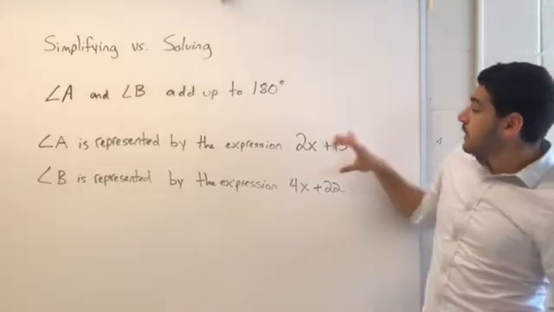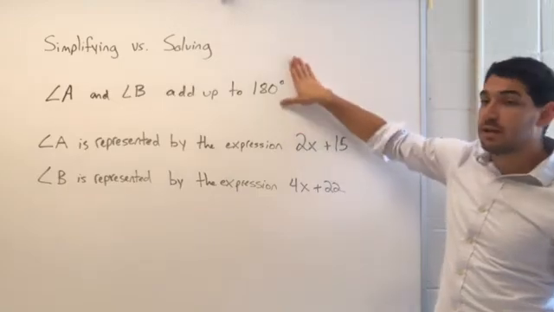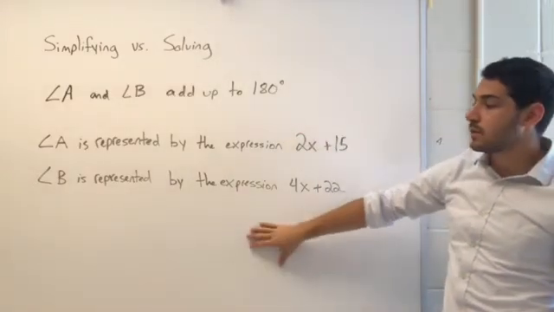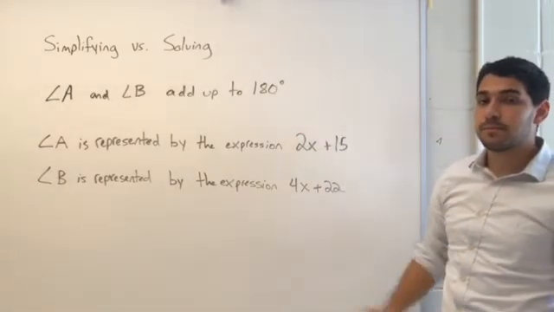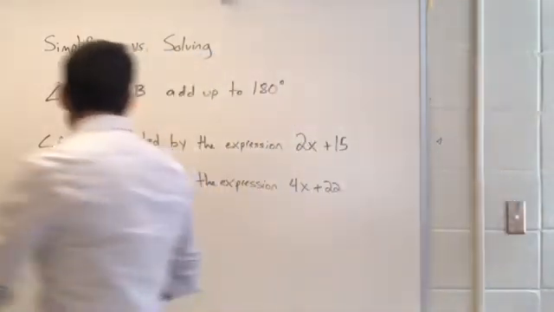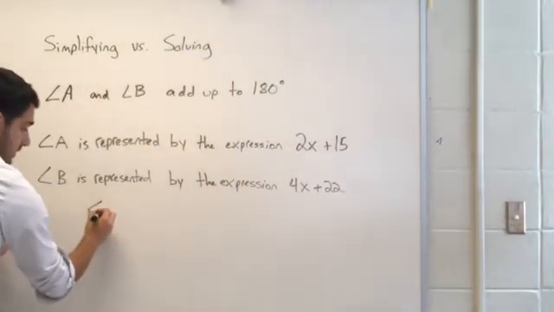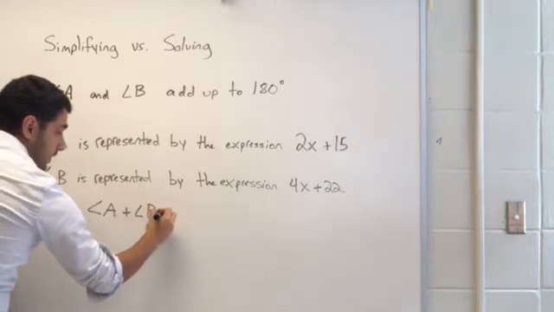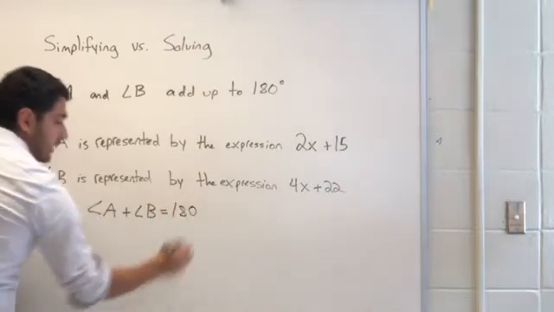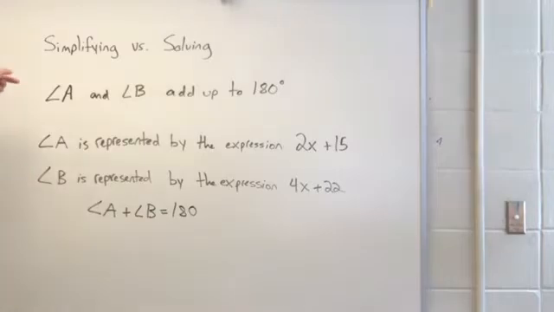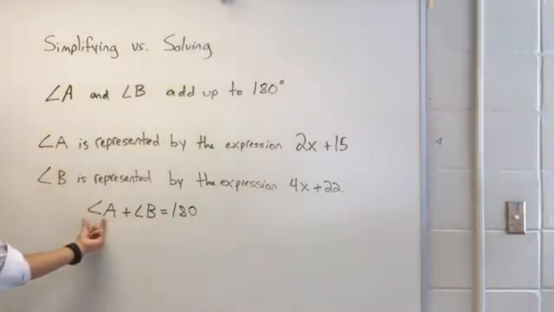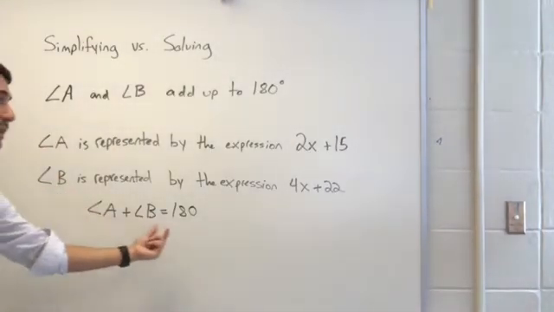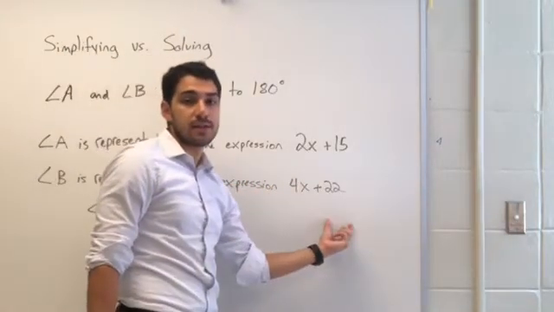Now, if we know that these two angles add up to 180 degrees, I could write an equation that represents the problem. So I know angle A, I'm going to write it like this first. Angle A plus angle B is going to equal 180 degrees. That's what the problem is telling me. Now I'm going to substitute angle A and angle B with the expressions that represent them.